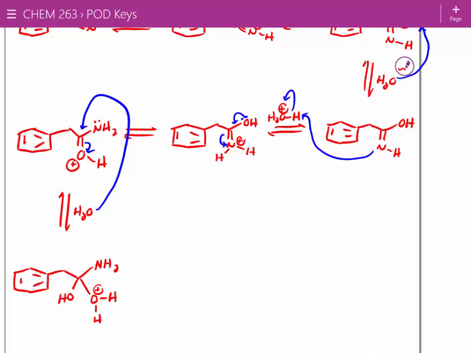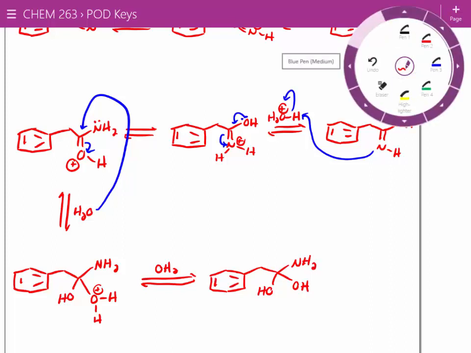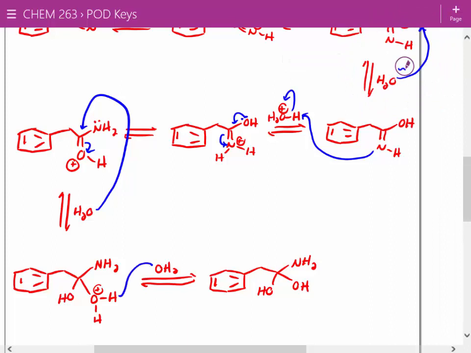All right. And the next step will be another proton transfer. So we're going to deprotonate our alcohol. So this looks a lot like the hydrate that we saw from last chapter.